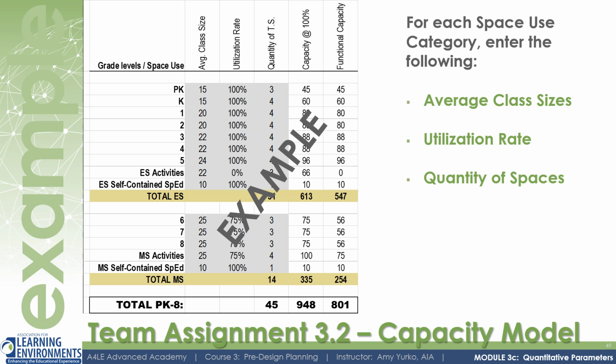Now, the other thing to consider when you're looking at your capacity model is the continuum in a K-8 that starts with pre-K and goes through 8th grade. We could consider kindergarten through 8th grade to be a need to have relatively consistent numbers of students per grade level. As you can imagine, those kiddos in first grade move on to 2nd grade and on to 3rd grade and so forth.